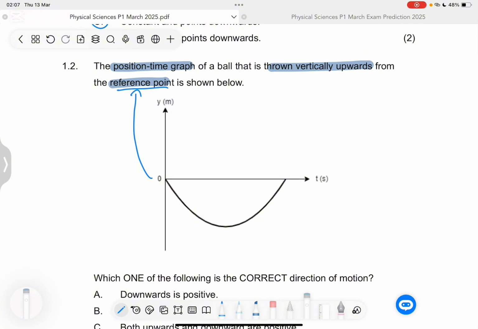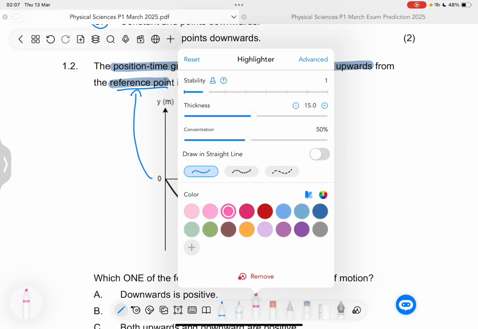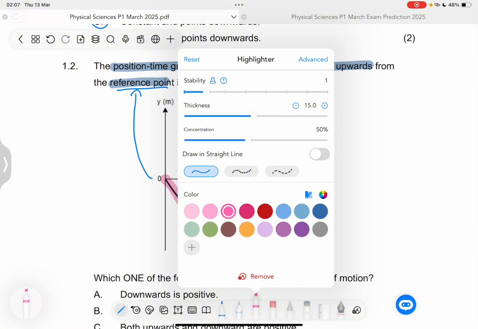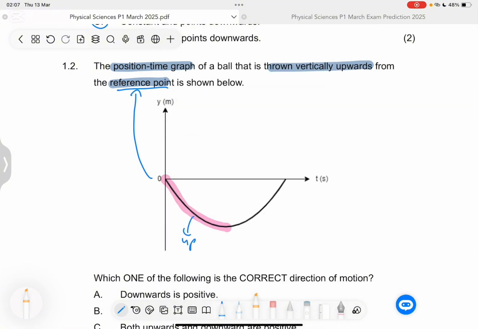Now, when you look at this graph, you will recall that the motion from this reference point to here at the turning point represents the upward motion. And this part of the motion from the turning point going down represents the downward motion.